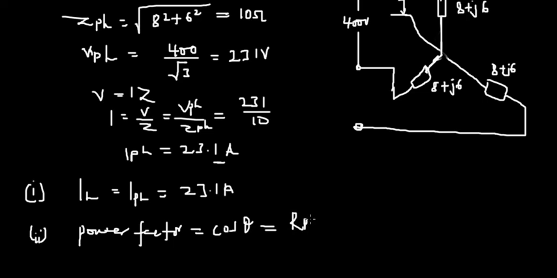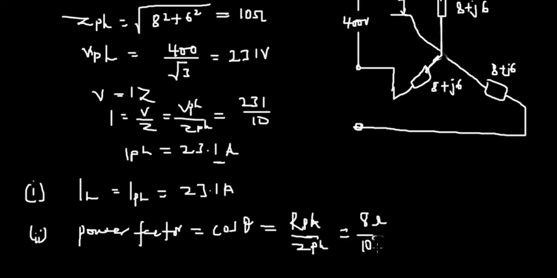So the resistance of the phase divided by the impedance. We know that our resistance is already 8, and we know the impedance per phase was calculated as 10 ohms, so the ohms will just cancel out.